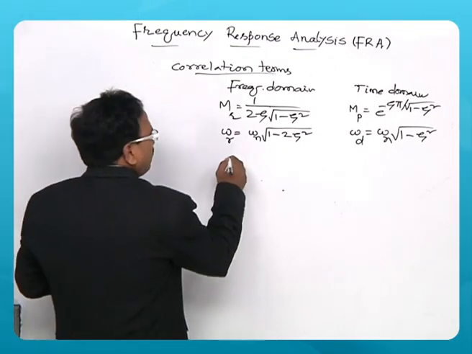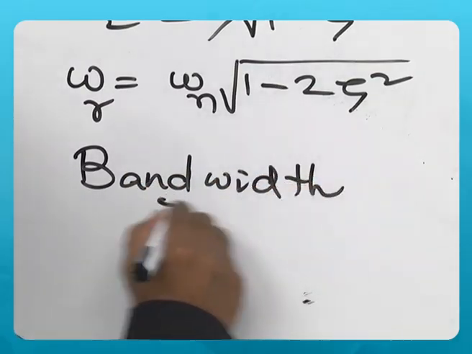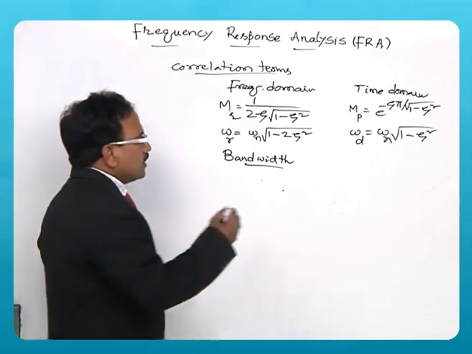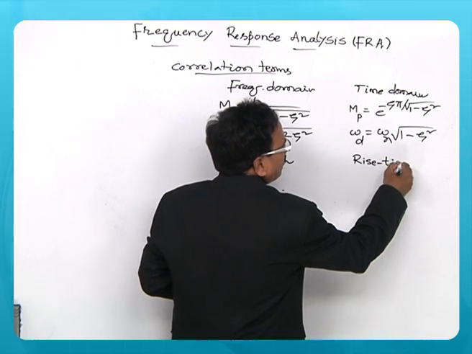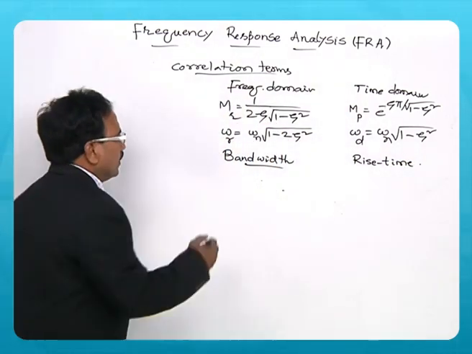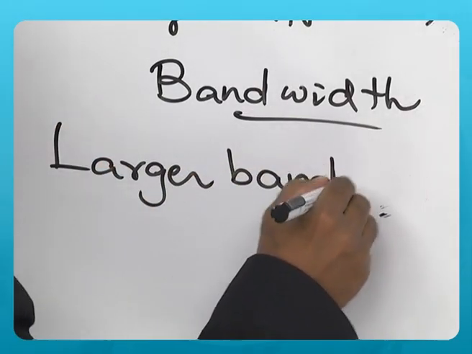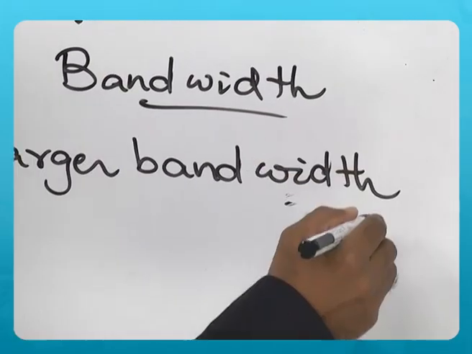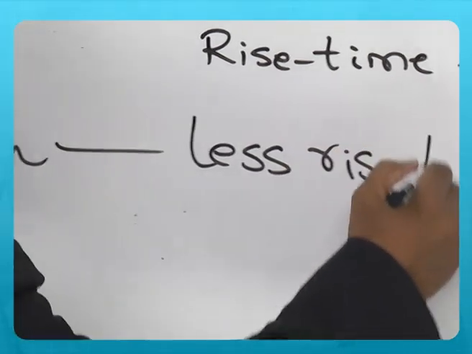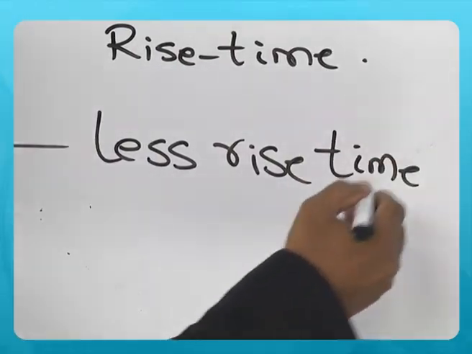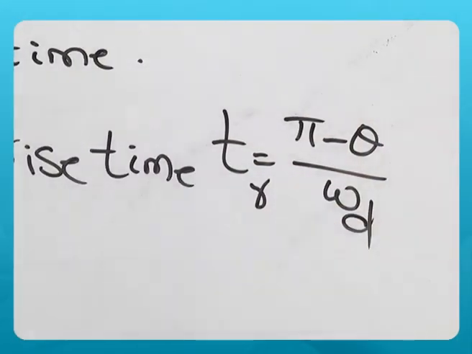Similarly, the bandwidth is a term in frequency domain. It has got some relation with rise time. So the larger bandwidth corresponds to less rise time, as the rise time expression Tr is equal to pi minus theta by omega d.